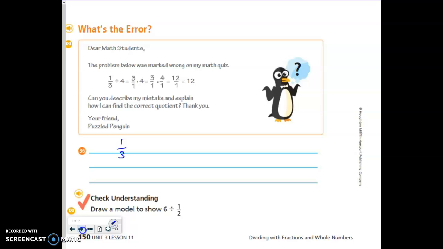So instead of it becoming 1/3 divided by 4 is 3 over 1, that 1/3 needs to stay the same, and we need to multiply by the opposite of 4. So in this case, instead of multiplying it by 4, we're going to multiply it by 1/4, which would get us to the exact opposite answer that Puzzle Penguin ended up with. He should have ended up with 1 over 12, or 1/12 versus 12. Very big difference in those answers.